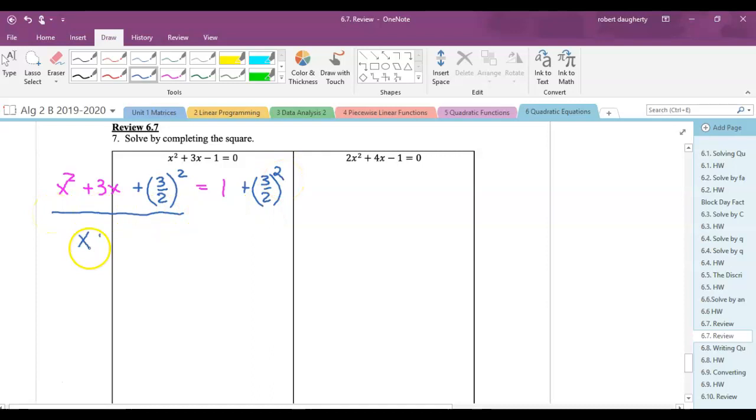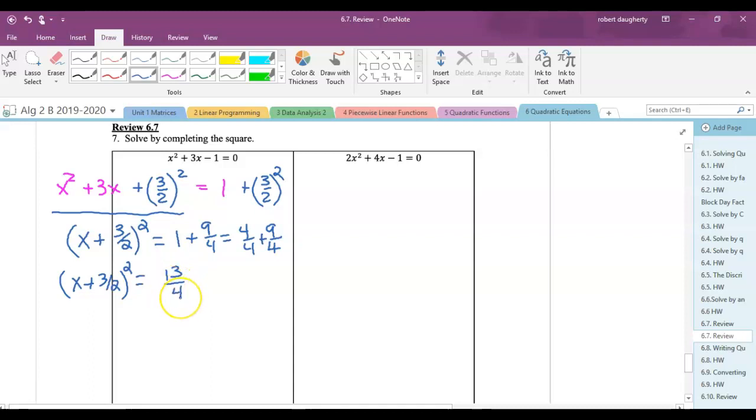This is x plus 3/2, all of that squared, equal to 1 plus 9/4. You can think of this as 4/4 plus 9/4. So I get x plus 3/2 squared is equal to 13 over 4.